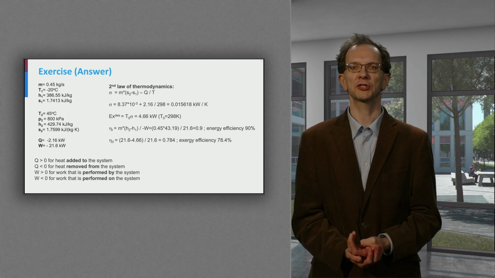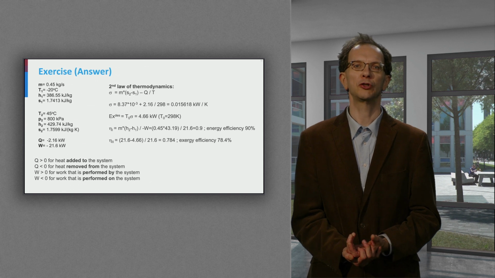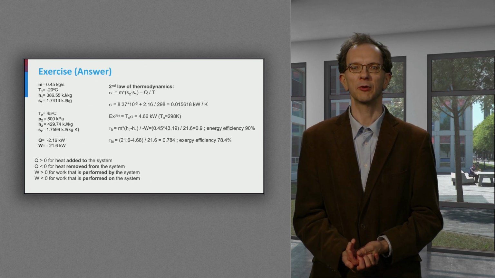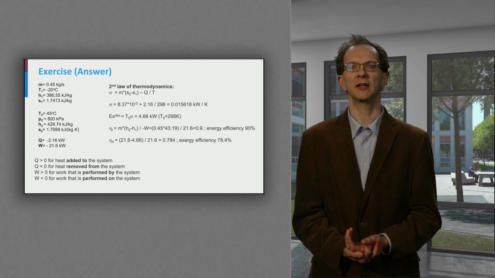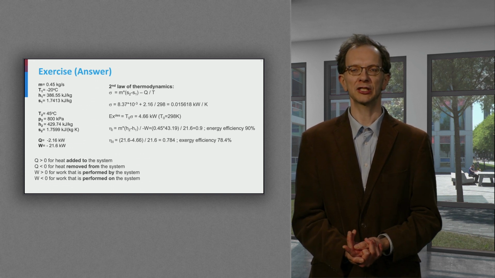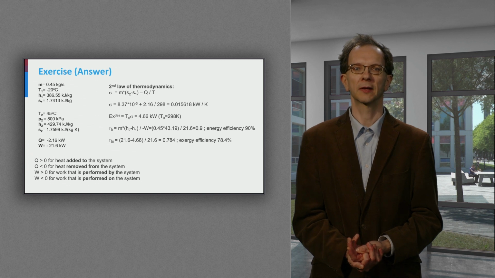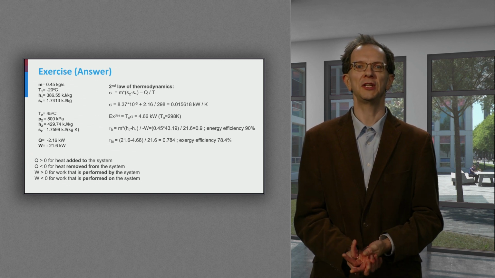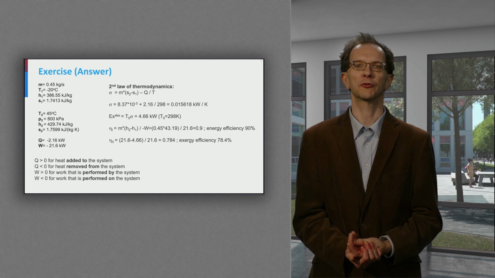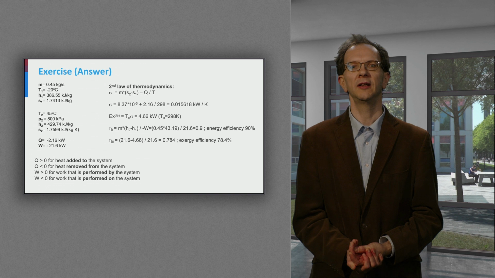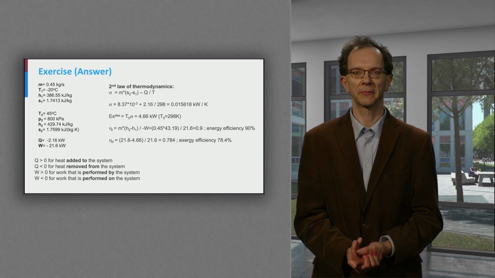The entropy production S equals the mass flow times S2 minus S1 minus Q divided by T, in which Q is the heat transfer and T is the temperature at which the heat transfer occurs, and S is the specific entropy. We have all the information needed to fill in this equation and obtain the entropy production in units of kilowatt per Kelvin. The exergy destruction is T0 times this number.